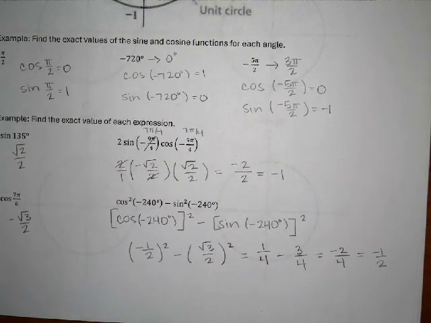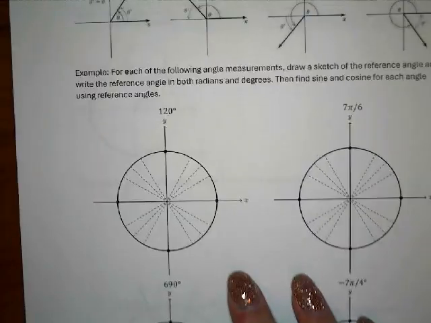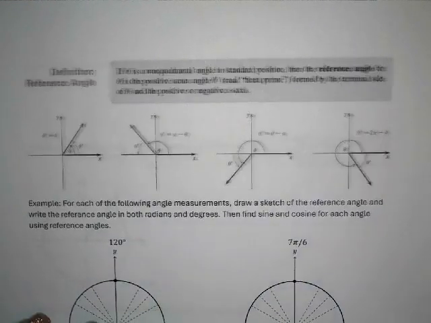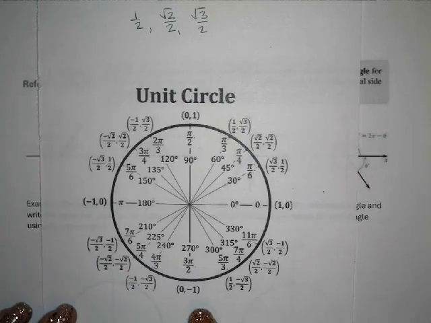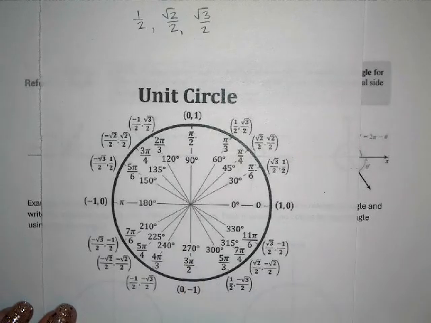All right, let's turn to the next page. Now, some people memorize the unit circle visually. Every time they use the unit circle, they would just take a blank unit circle and fill it in, or they would draw a sketch of a unit circle on their paper and fill it in. And some people use reference angles.